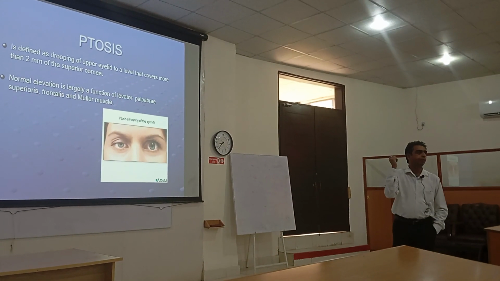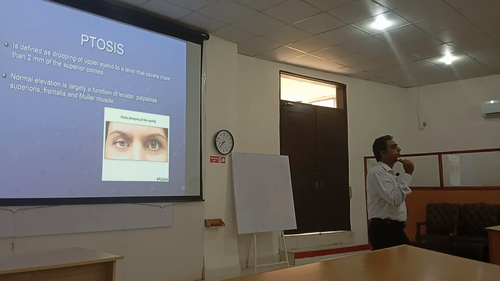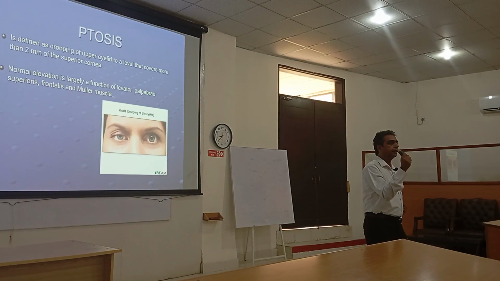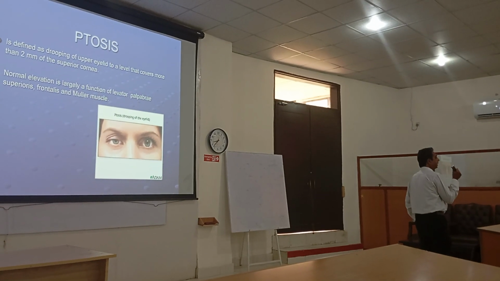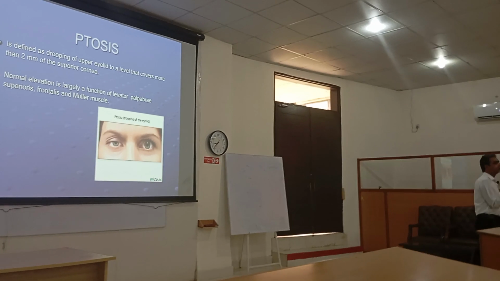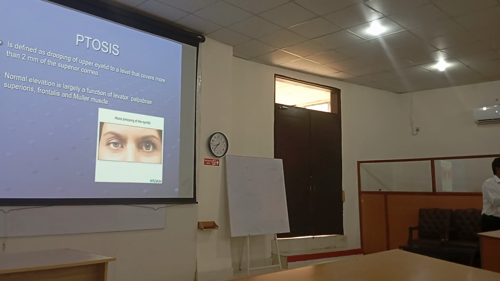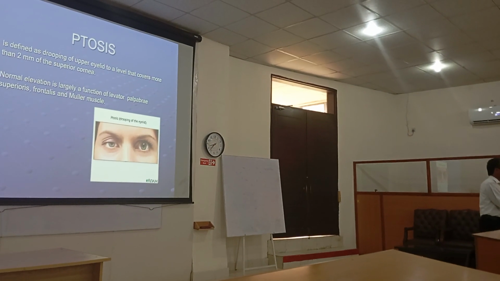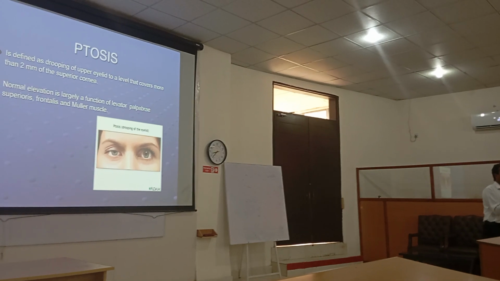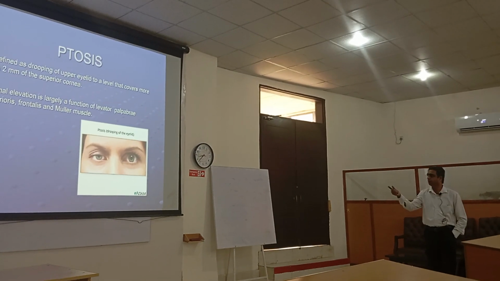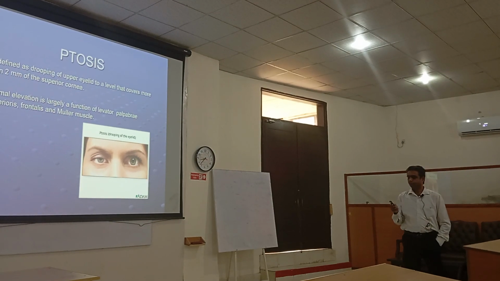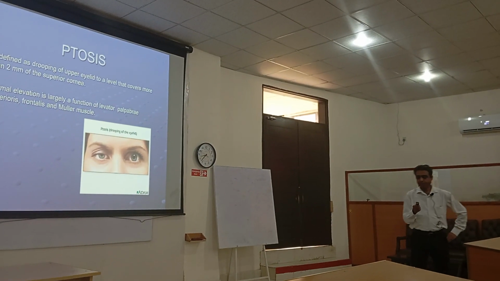The levator palpebrae superioris is supplied by the third nerve, the oculomotor nerve, which supplies most of the extraocular muscles and intraocular muscles also, except the lateral rectus and the superior oblique, which are supplied by the sixth and fourth nerves. So the levator is supplied by the third nerve.